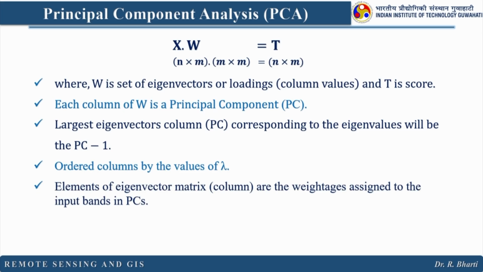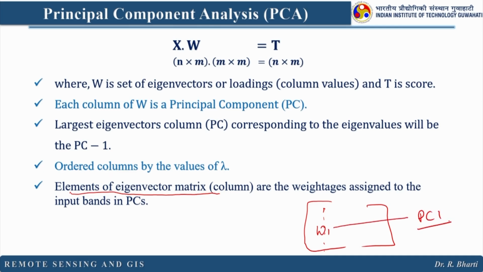Elements of the eigenvector matrix are the weightage assigned to the input bands of the PCs, right? So let us say you have this W matrix of m by m, and the first column is W1, which is nothing but the PC1, and PC1 will have the maximum eigenvalue. The elements of PC1, or W1, are nothing but the weightage assigned to the input bands in the PCs.